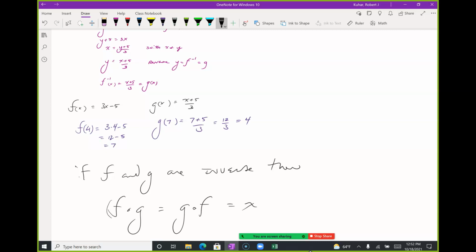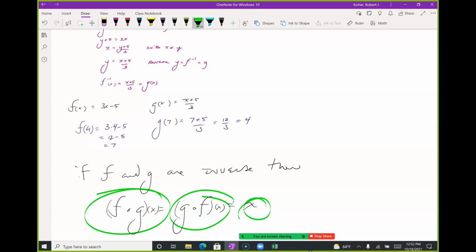I will get all the way back to my original input. Like the dollar in for the soda, soda in for the dollar, I get the dollar back. Inverse machines. Right? So my input here is x, my input here is x. So when I compose inverses, I'm going to get what I put in.